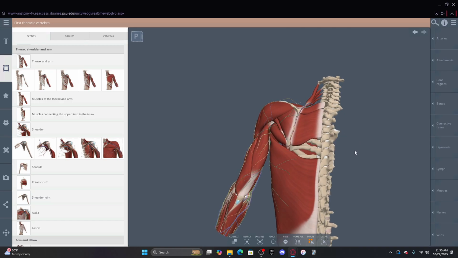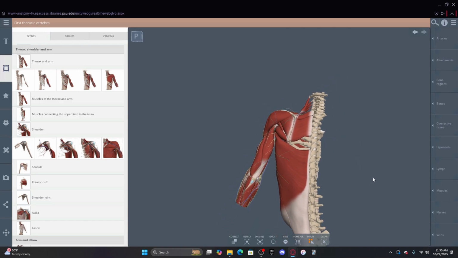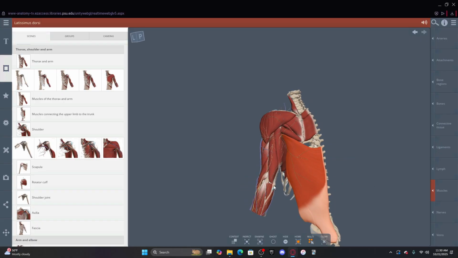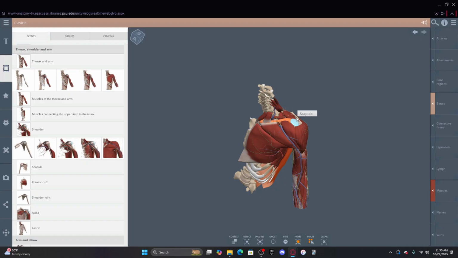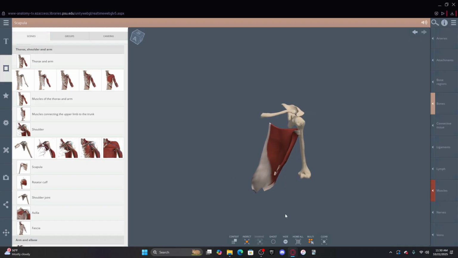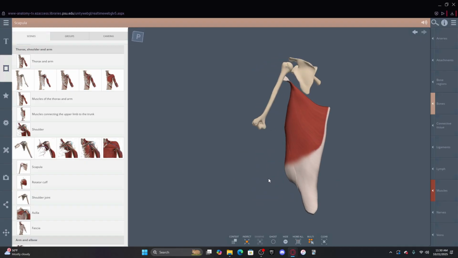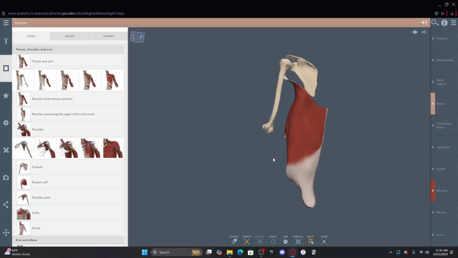Now we're going to look at latissimus dorsi. All right, so we have latissimus dorsi here. It's going all the way from our vertebra to our humeral shaft.